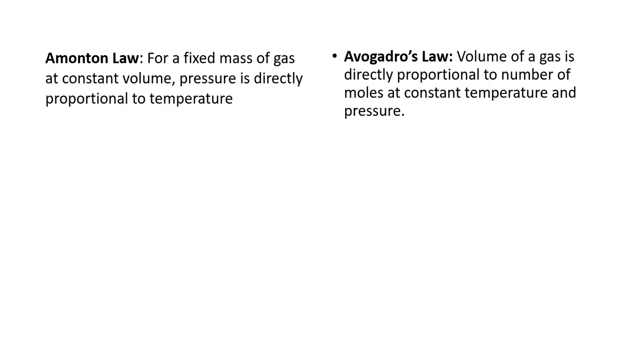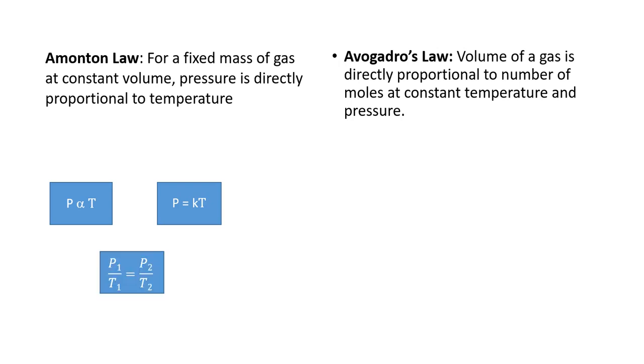So there are also two laws that I'm not going to spend much time on. Hamilton law, which says for a fixed mass of gas at constant volume, pressure is directly proportional to temperature. Because I have shown you how to solve calculations using these gas laws, you are going to use the same methods that I have used to do calculations using Hamilton law.